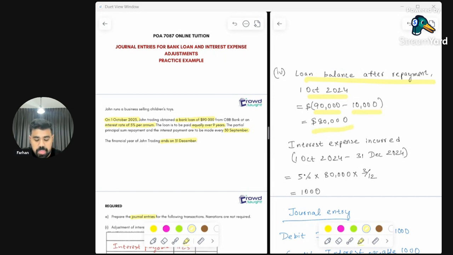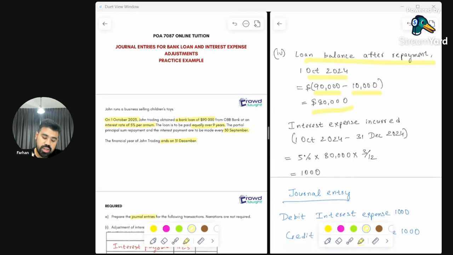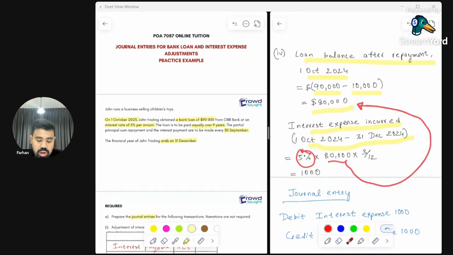Now, we want to calculate interest for the remaining 3 months in 2024, which is the month of October, the month of November, and the month of December. So interest expense, we want to calculate for the 3 months of October, November, and December. So that's 5%, which was the annualized percentage, multiplied with the loan amount of 80,000 this time, because we have already paid off 10,000.